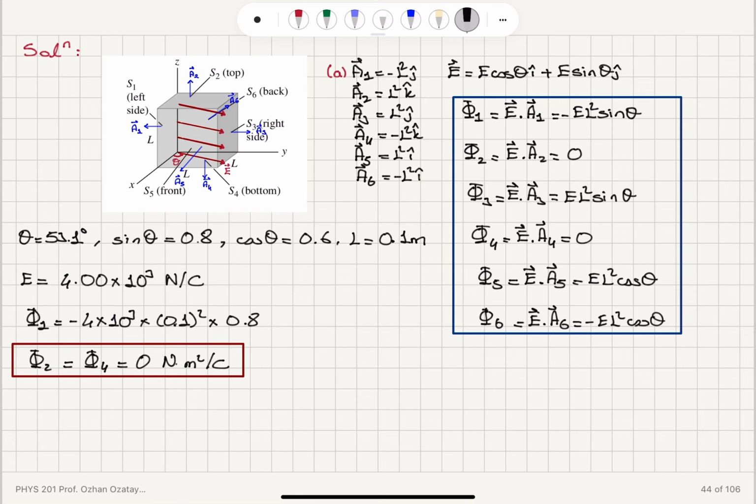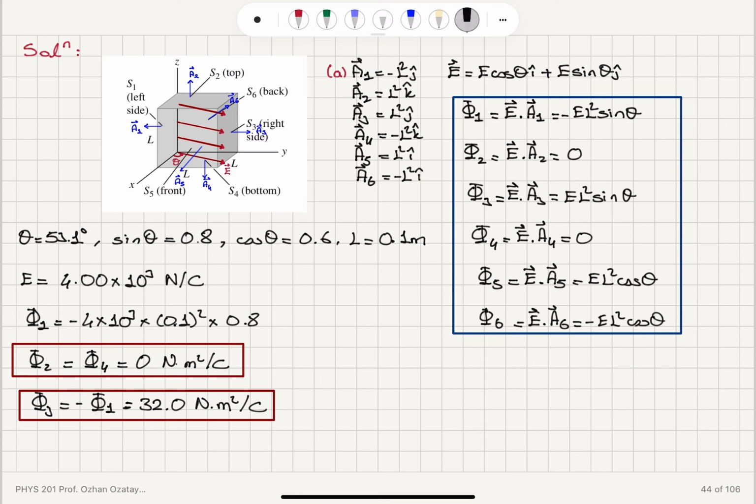And then for the third flux, phi 3, I see that phi 3 is equal to minus phi 1. So substituting these numbers, 4 times 10 to the 3 times 0.1 squared times 0.8, we obtain 32.0 newton meter squared per coulomb for phi 3, and minus 32.0 for phi 1.